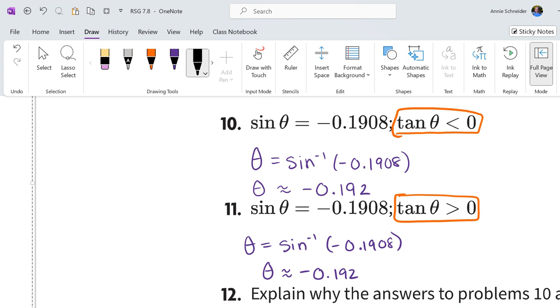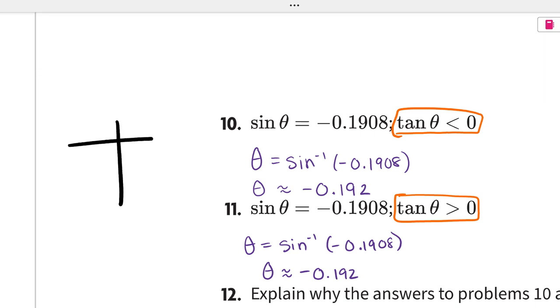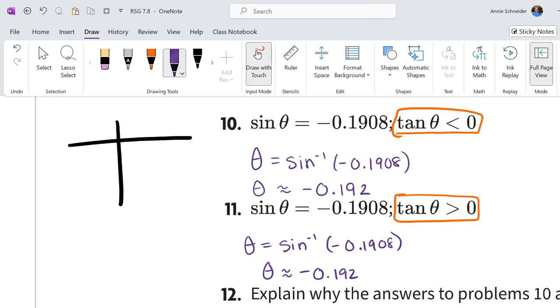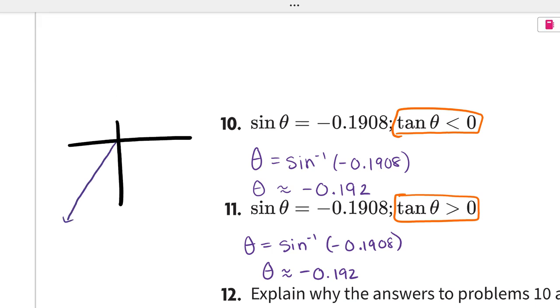So let's start with where sine is negative. Sine is negative in quadrants 3 and 4. So both of those are possible answers. However, it gave us this angle right here.